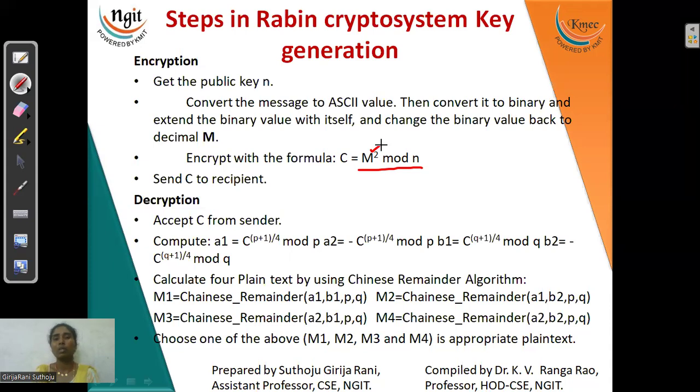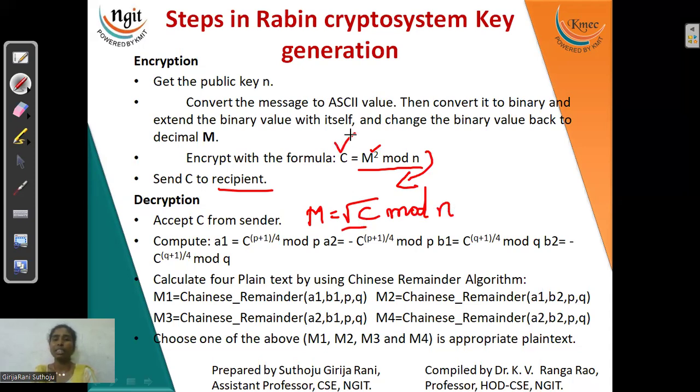That is m square mod n, right? Whatever value we get as the ciphertext, we'll be sending to the recipient. Now at the recipient side, we are going to say m equals root c mod n. Got this? Root c mod n.